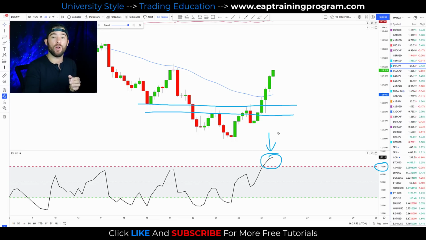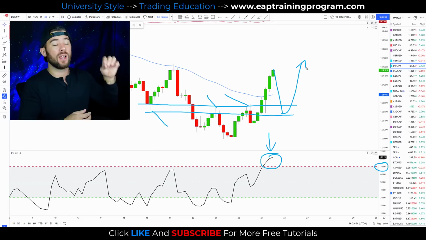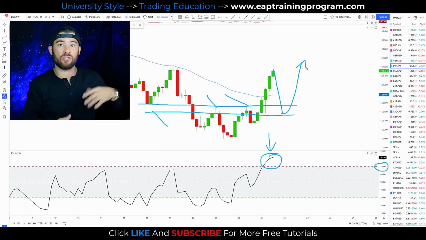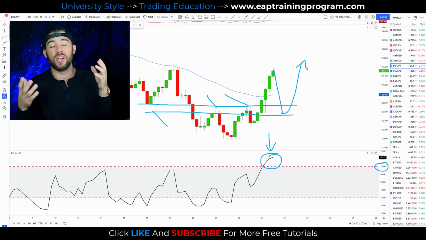I must see the RSI 7 period go above 70. Then I look for a pullback that comes back into structure, and then I'll wait for some type of trading opportunity in that zone. And that's how I like to use the RSI indicator for momentum-based trend continuation trades that can lead to some huge profits.